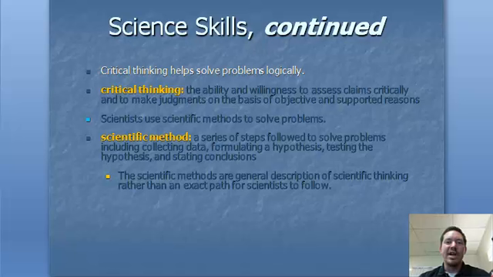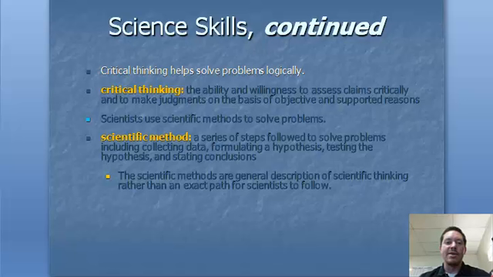And scientists use scientific methods to work through this critical thinking process to solve problems. A scientific method is just a series of steps followed to solve problems, including collecting data, formulating a hypothesis, testing the hypothesis, and stating conclusions.